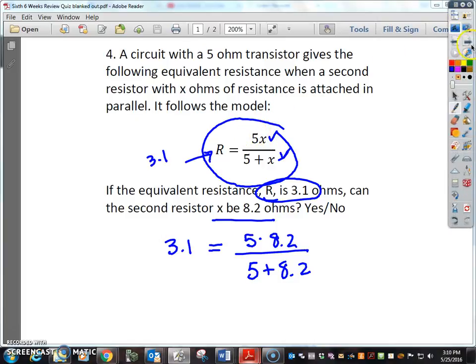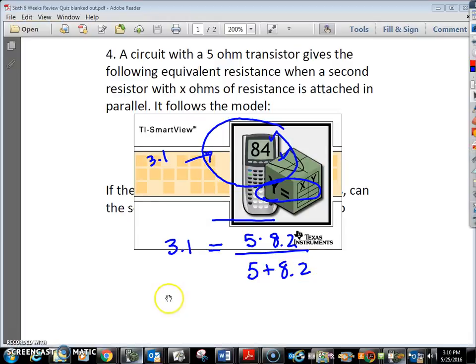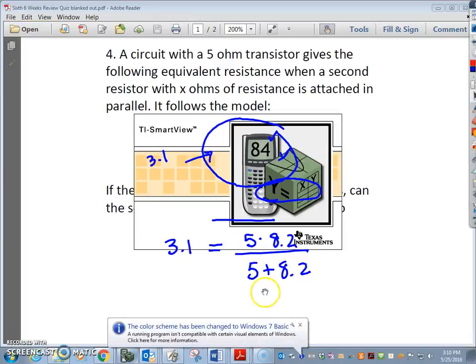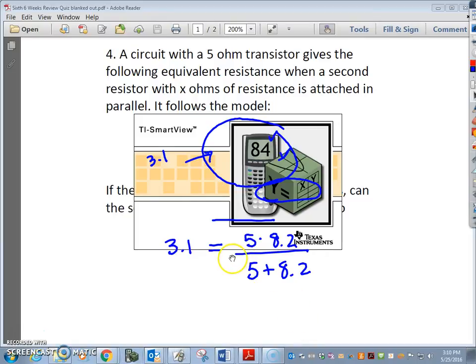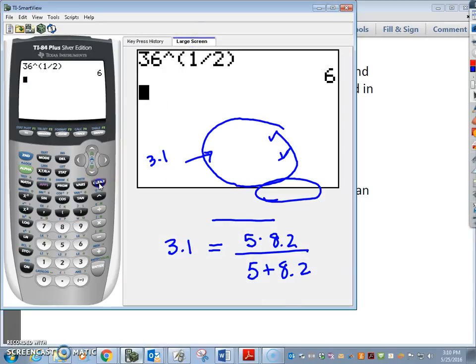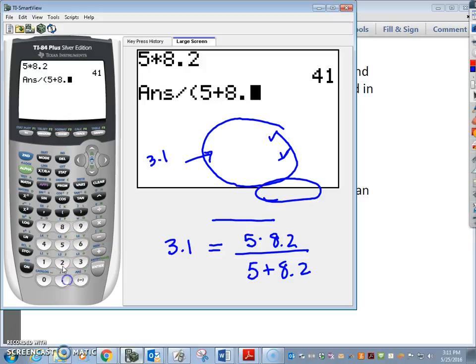So how can we check? We just go to the calculator. I'm going to do this right side. If it equals 3.1, then we're done. So 5 times 8.2, and then divided by, I'm going to put this in parentheses, 5 plus 8.2.